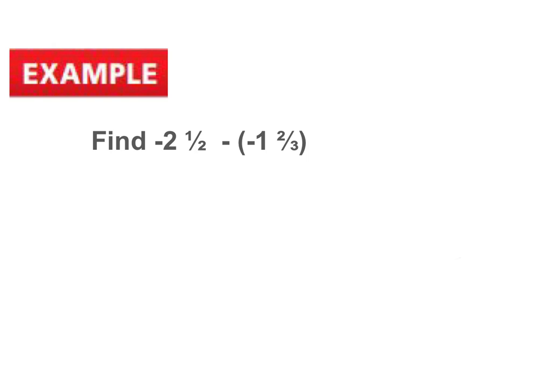So for this example, I notice that I have mixed numbers, so I'll go ahead and change those right off the bat. 2 times 2 is 4, plus 1 more is 5, minus negative, and then 1 times 3 is 3, plus 2 more is 5. Next thing I notice is I have a minus minus in the middle, so I can turn that to an addition problem by doing chop chop.